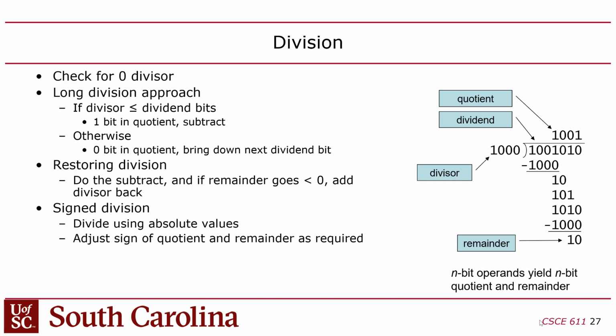And then of course you subtract and you get 1, and then you bring down digits. You bring down the first digit and it's less than the divisor. So you say 0 there, and then you bring down another bit, and that's 1, 0, 1. That's too low. You put another 0, and then you get 1, 0, 1, 0, and then 1, right?